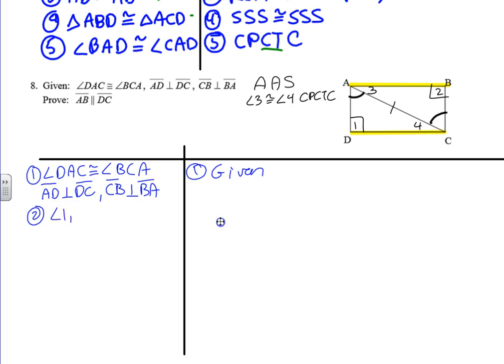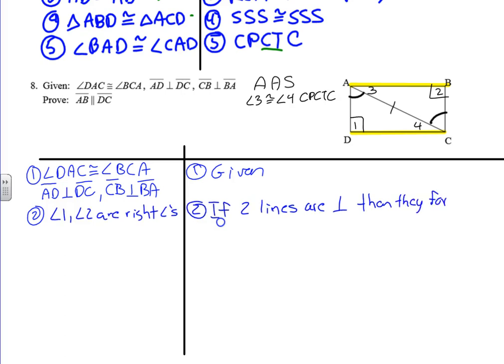So we're going to say angle 1 and angle 2 are right angles. So that would be, if two lines are perpendicular, then they form right angles. Okay, then we can say they're congruent. Angle 1 is congruent to angle 2. All right angles are congruent.